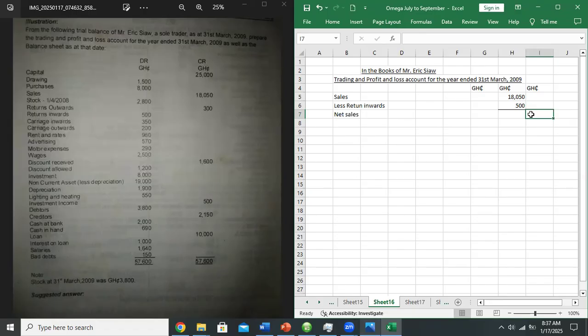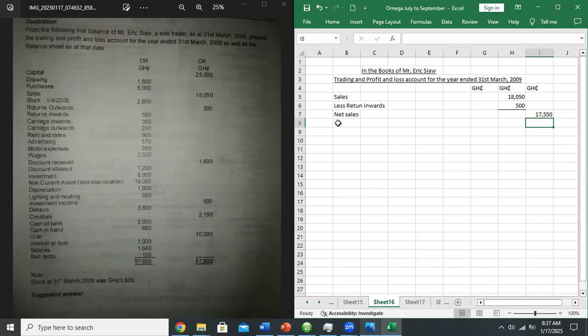Prof, is your calculator going to assist us, or I may have to? Sorry, 17,550. Okay, 17,550. So awesome. Just these 3 steps, and you have 3 ticks.